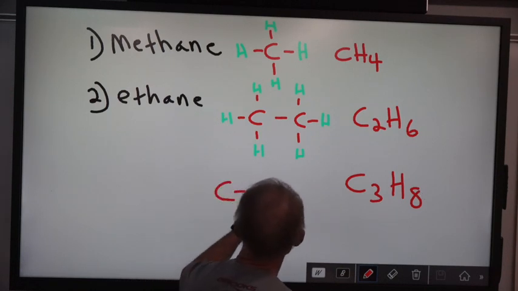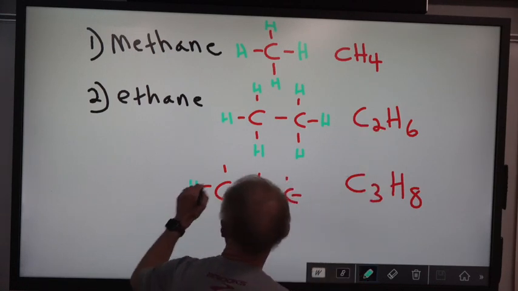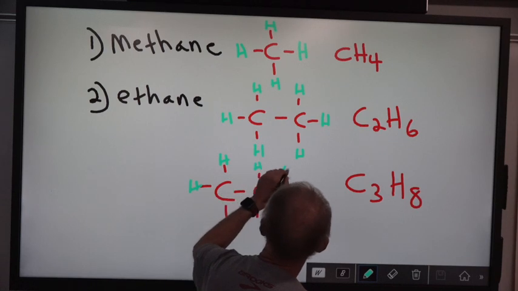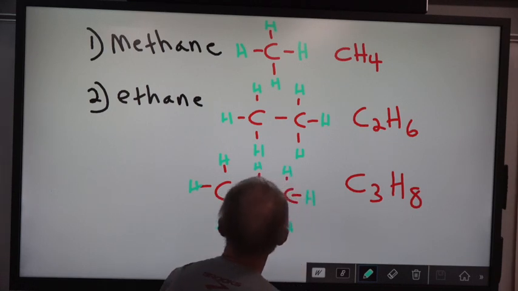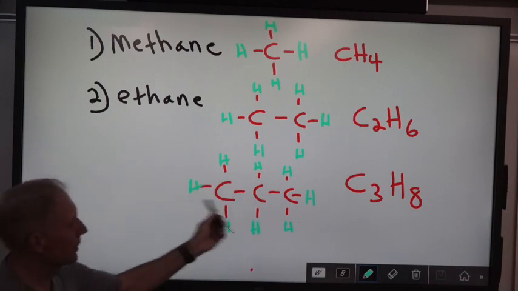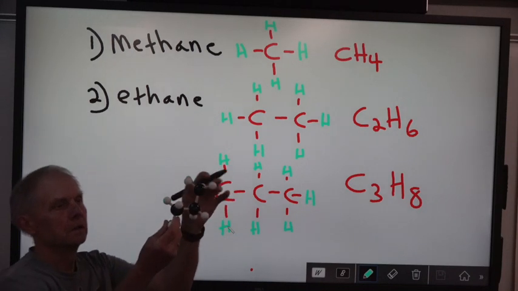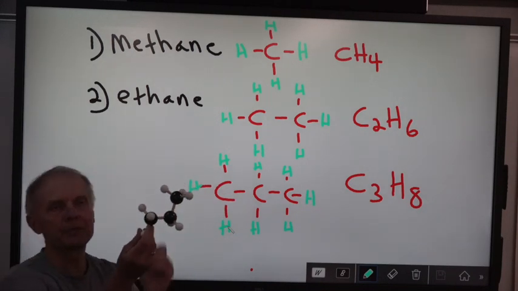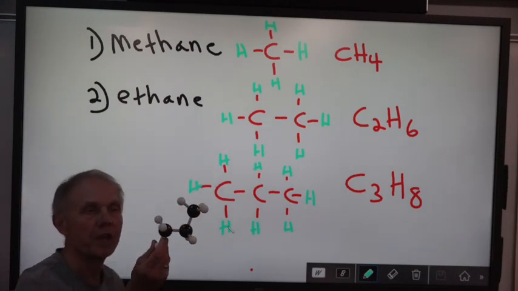1, 2, 3. So that's what it looks like. 3 carbons. Here it is right here. 3 carbons, single bonds between the carbons, and totally saturated or filled with hydrogens.